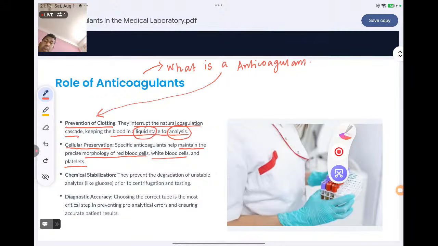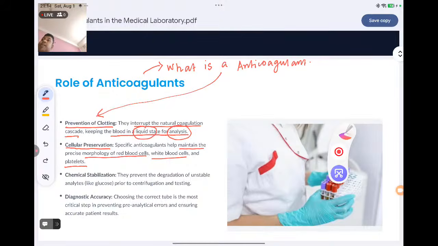Now, when we keep the anticoagulant in the gray tube, it helps in the preservation of sugar in the whole blood because it contains sodium fluoride.